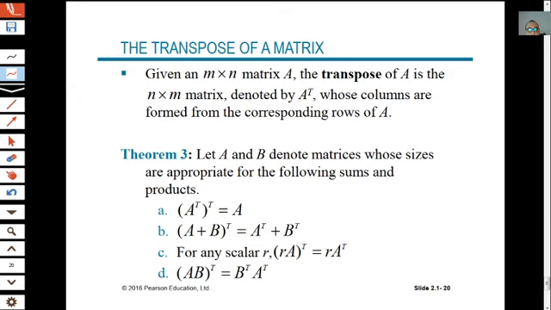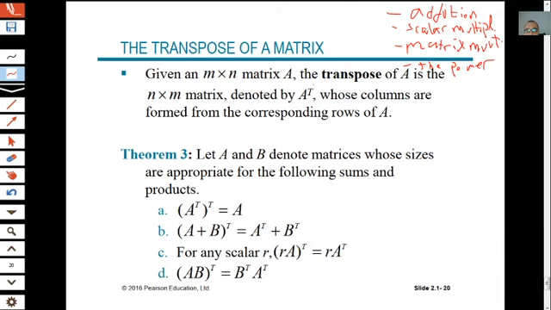And another important matrix operation is called the transpose of a matrix. So far we have learned addition of matrices, scalar multiplication, matrix multiplication, and the power of a matrix.